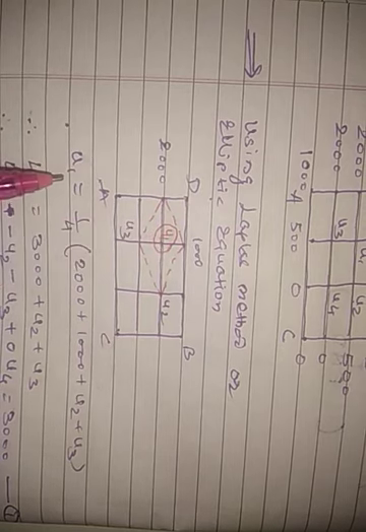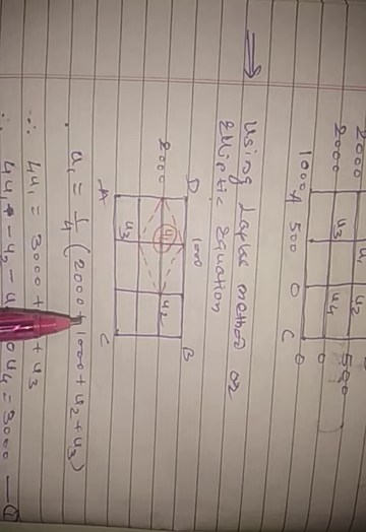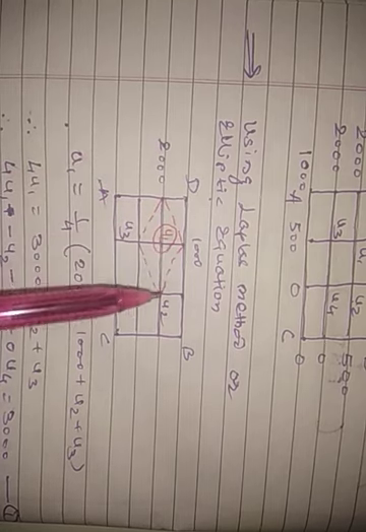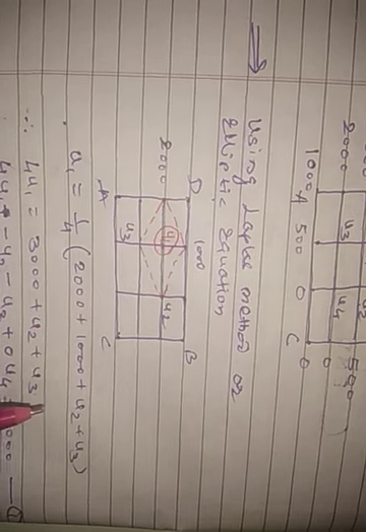So u1 = 1/4 (2000 + 1000 + u2 + u3). Multiplying by 4, 4u1 = 3000 + u2 + u3.